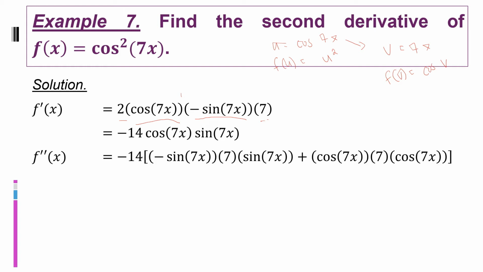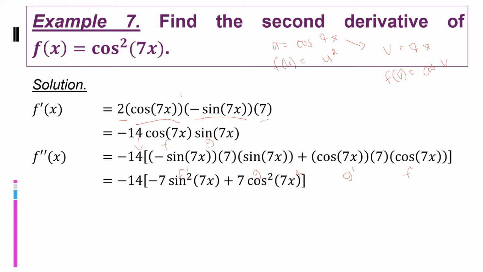By taking the second derivative, we have negative 14, kasi constant yan, pwedeng ilabas. So, eto, meron tayong f dito at g dito. So, f prime is negative sine 7x times 7 by chain rule times g, which is sine 7x, plus cosine 7x times 7, that is our g prime, times f, which is cosine 7x.